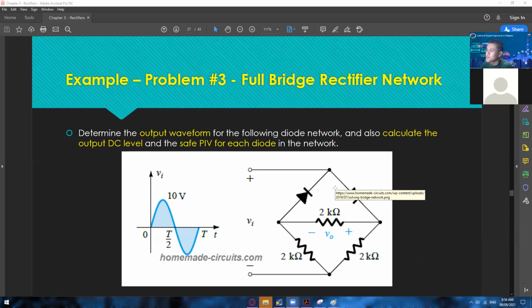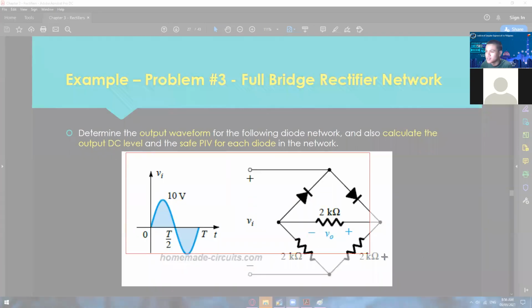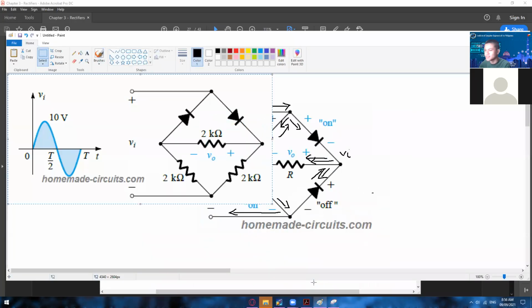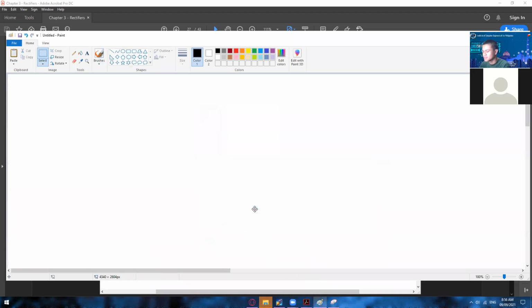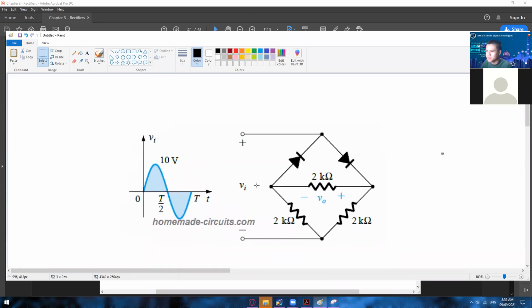Okay, so if you guys are going to take a look at this one, you can have a step-by-step scenario wherein, let's say, we have the positive negative connection first, wherein we are still at the positive cycle, which is positive 10 volts. So the first one is positive negative, so this will be turned on, the idea is what we have in the full wave rectifier.